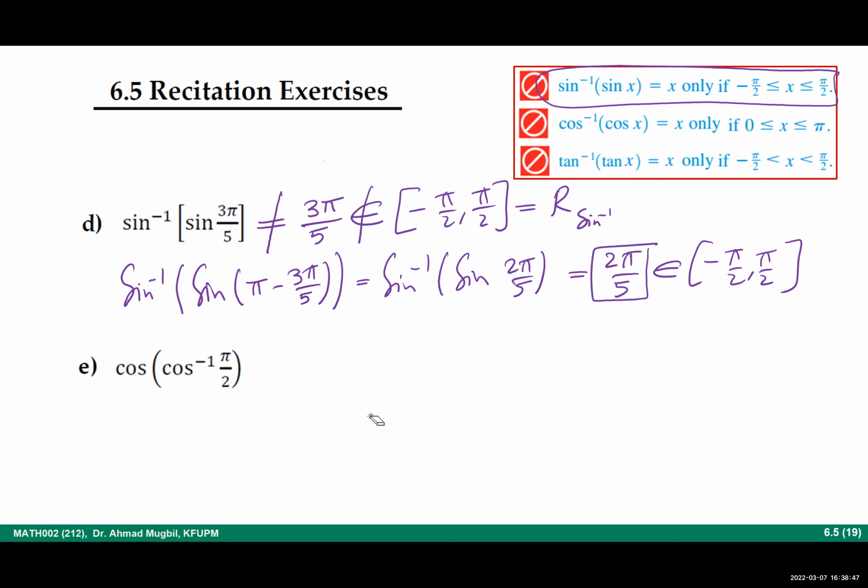We will say that this is undefined. Why is it undefined? Pi over 2 does not belong to negative 1 and 1. What is this negative 1 and 1? The domain of cosine inverse. Why is it not there? Pi over 2 is greater than 1. It is not in that interval. We cannot evaluate. There is no angle whose cosine is pi over 2. Okay.